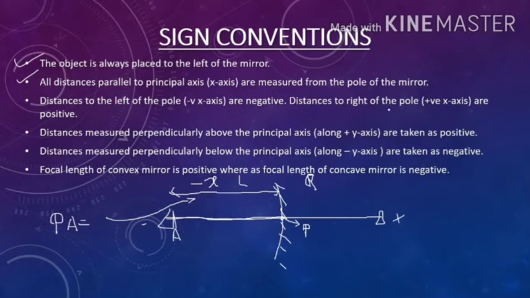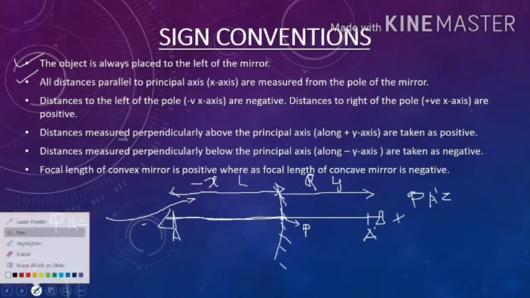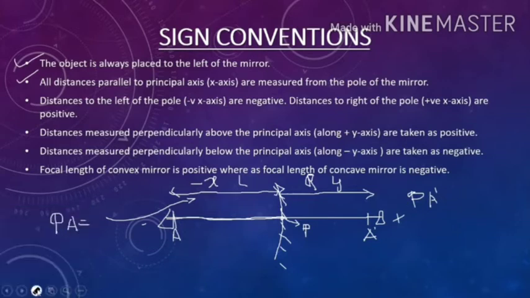And distances to the right of the pole are positive. If we take a point on the right, let this be A dash, then the distance from P to A dash, let this be y. So PA dash is equal to positive y.